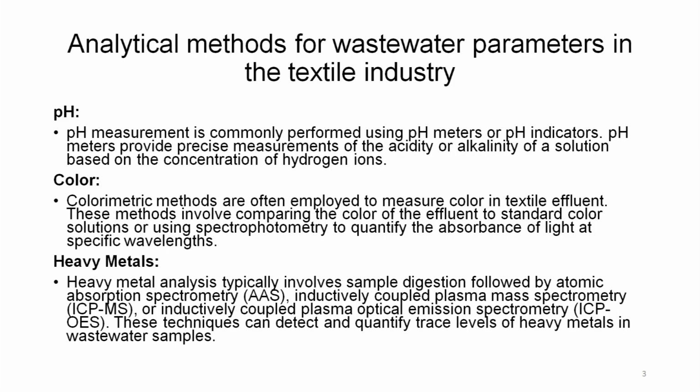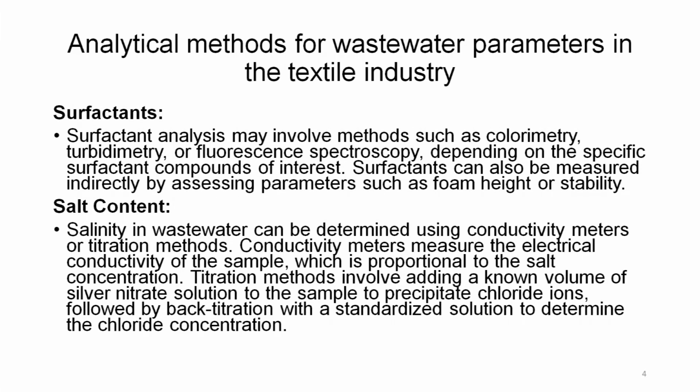These techniques can detect and quantify trace levels of heavy metals in the wastewater samples. Surfactant analysis may involve methods such as colorimetry, turbidimetry or fluorescence spectroscopy, depending on the specific surfactant compounds of interest. Surfactants can also be measured indirectly by assessing parameters such as foam height and stability.